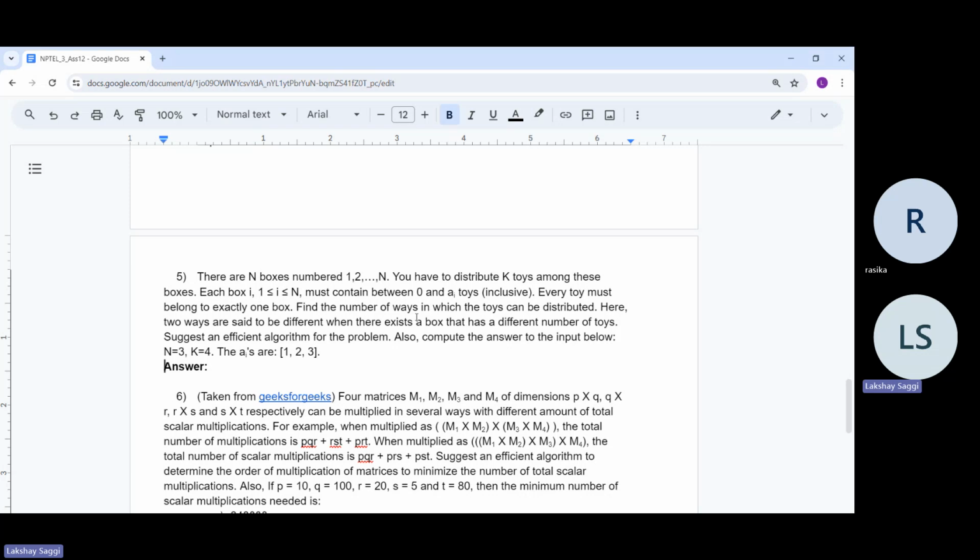Okay, so another thing to note is that just assume that this ai is not very large for all i.